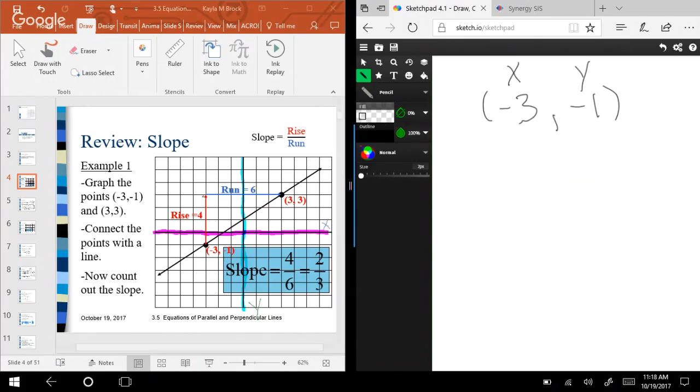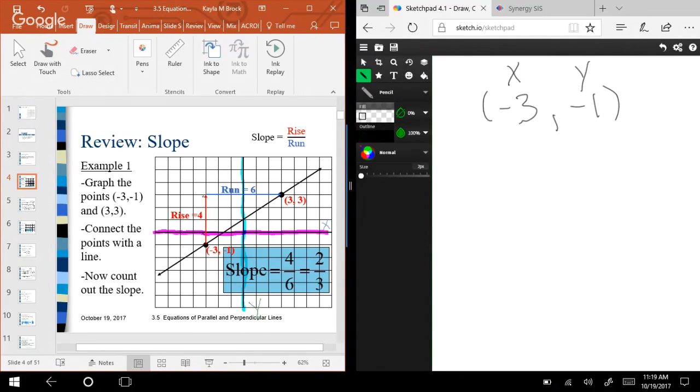So the first thing you're going to do is start at the origin, which is the very center, where the two axes cross. You go to the left 3, because as you go left on the x-axis, it's negative. So you go 1, 2, 3 to the left, and then down 1, and you plot your first point.